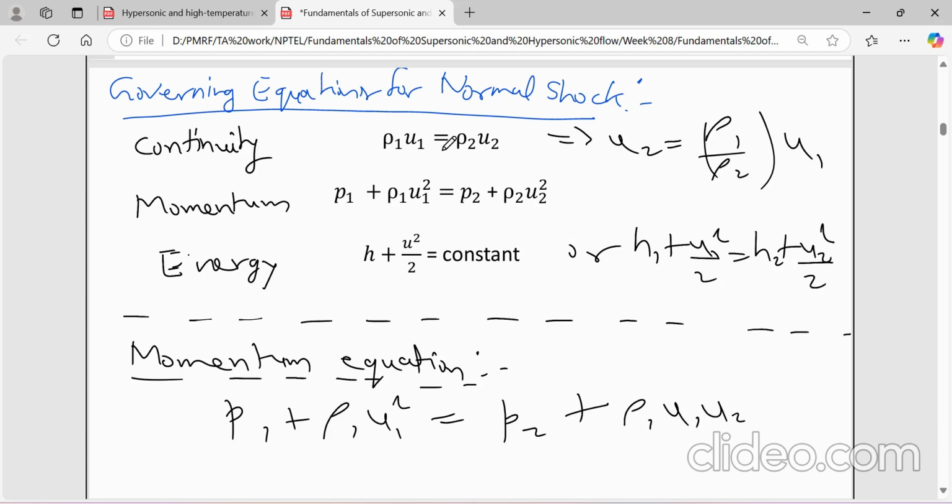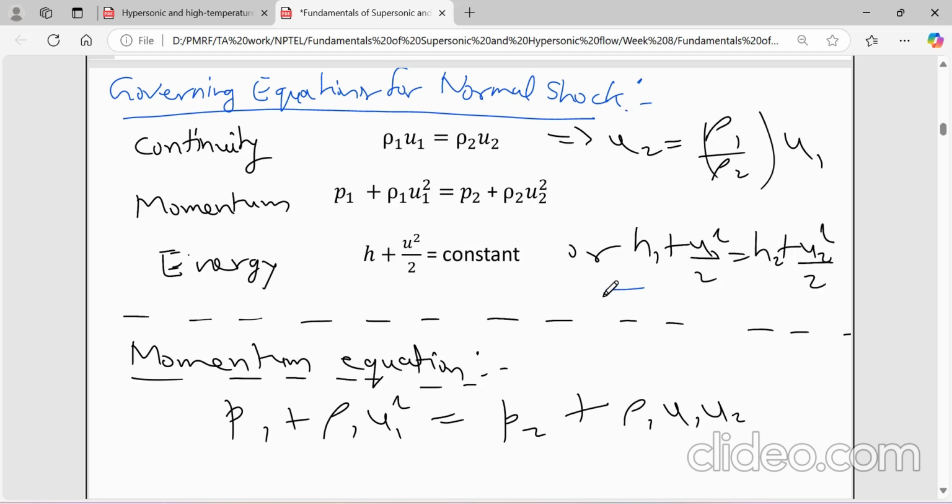For continuity, we get ρ1 u1 equal to ρ2 u2. Momentum: p1 plus ρ1 u1 square equal to p2 plus ρ2 u2 square. Energy: h plus u square upon 2 equals constant, or it can also be written as h1 plus u1 square upon 2 equal to h2 plus u2 square upon 2.